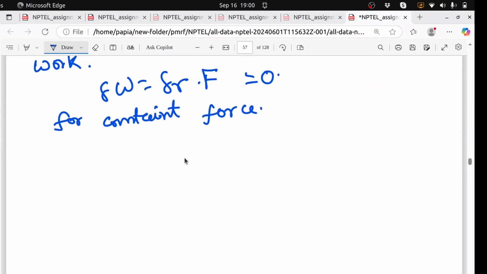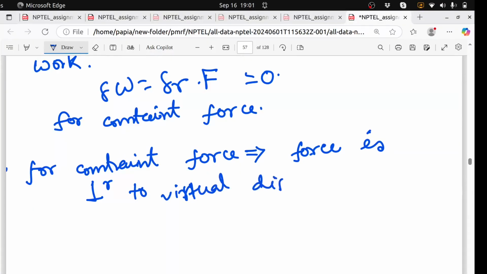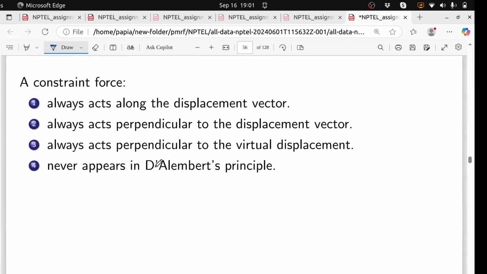That means for constant force, it is perpendicular to virtual displacement. Okay, so we can see that our constant force always acts perpendicular to the virtual displacement. So this is the answer.